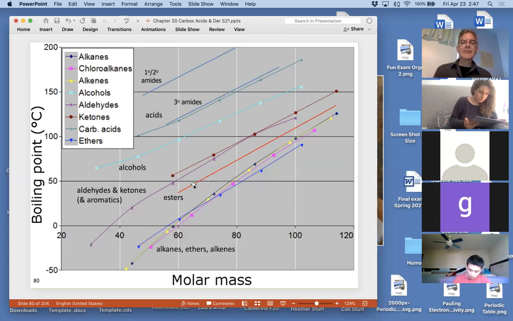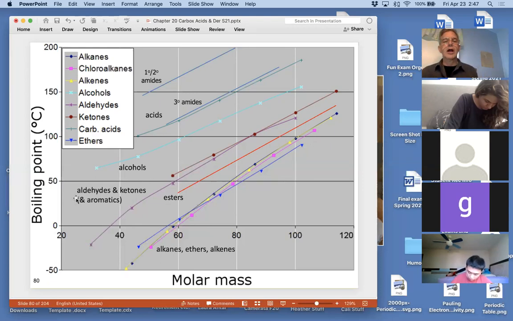Okay, next come the esters in between. I've added that line. They didn't have that on there, so I've estimated it without actually plotting data. Next comes aldehydes and ketones and aromatics. So the aldehydes and ketones are shown here. I parenthetically said that aromatic compounds tend to fall on this line too.